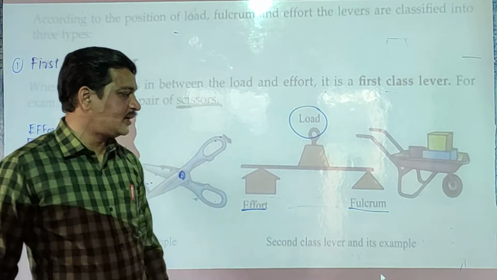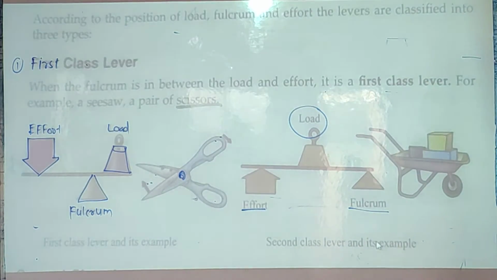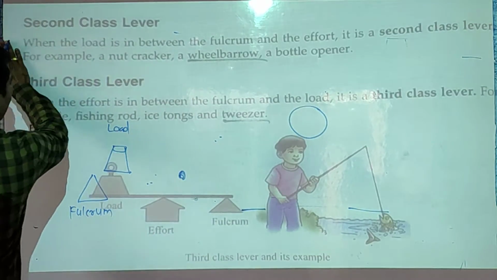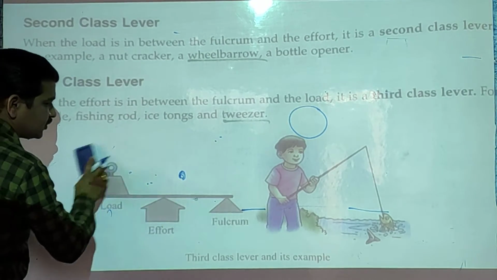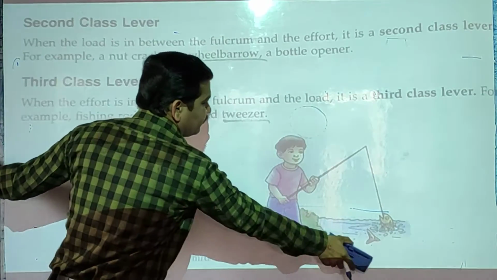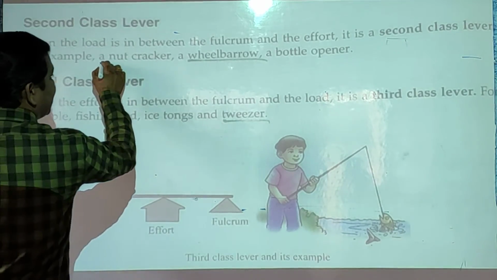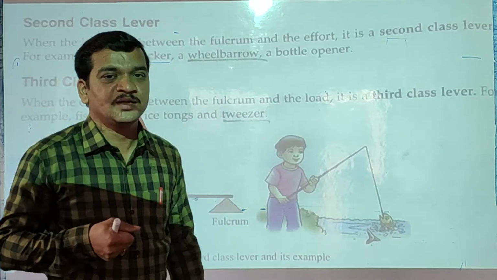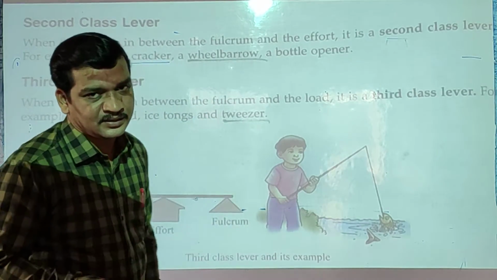Second class lever examples: wheelbarrow. Wheelbarrow, you know, we can carry luggage also. Where there is a construction site, concrete is also carried with the wheelbarrow. Then a nutcracker. You know, students, nutcracker is used to cut nuts.